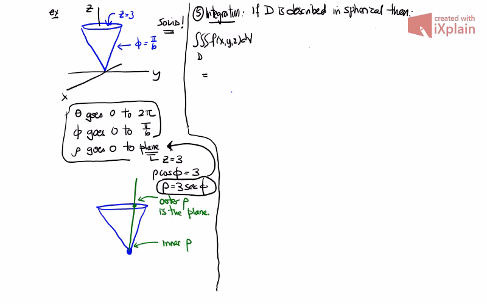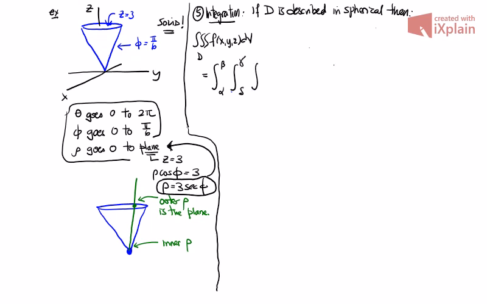The outside integral is the range of thetas, which I'll call alpha and beta, and I'm going to label those in a second. Next one is the range of phis, gamma and delta.